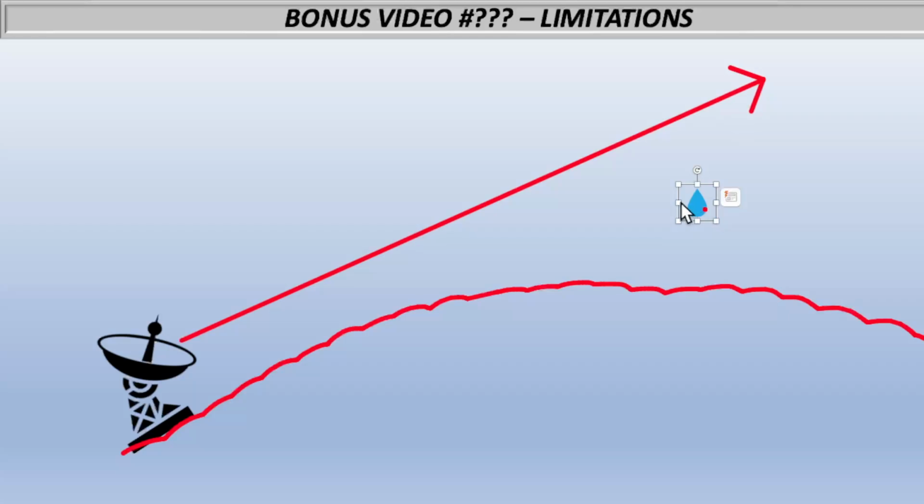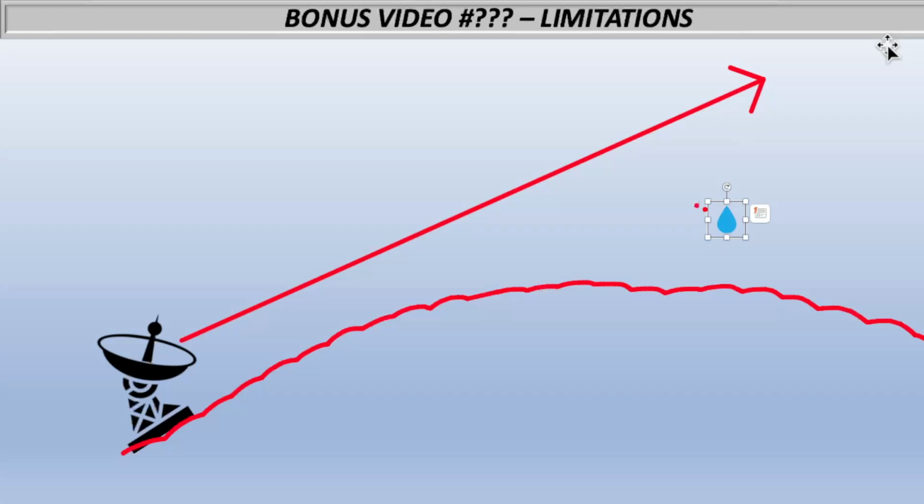If the raindrop was over here, let me pick the right cursor here. If the raindrop was over here, the same distance above the Earth's surface, the radar would have no trouble detecting it, okay? But because it's the same distance over here and the Earth surface is curving away like that, the radar beam goes right over top of it and it never sees it.